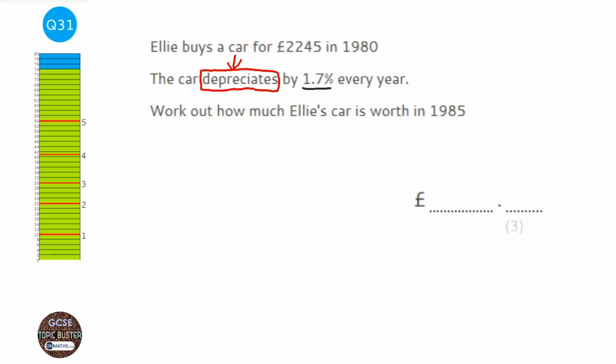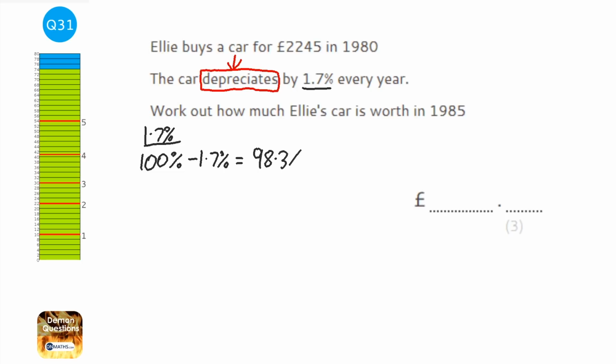So to work out the multiplier, you first of all start off with 100%. Now this time you take away 1.7%, because it's going down by 1.7%. And you can do that on your calculator or in your head. So 100 take away 1.7 is 98.3%.